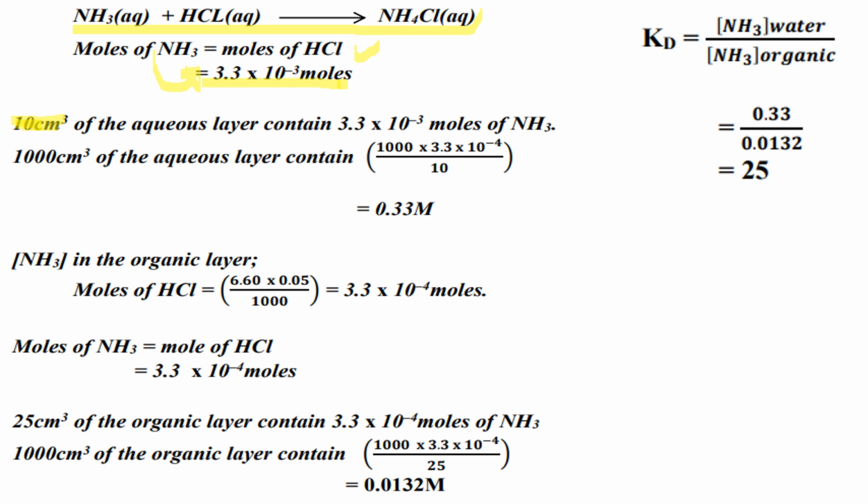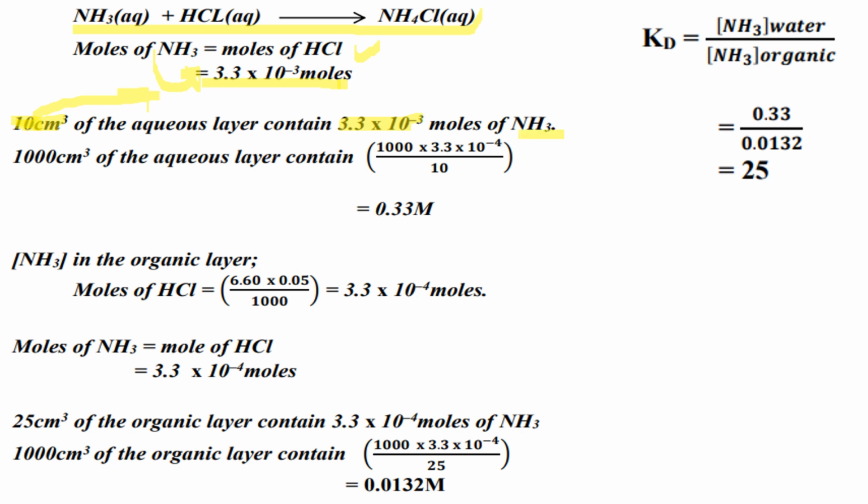That's why we said that these moles were contained in that volume that started the question. So 10 centimeters cubed of the aqueous layer contain 3.3 exponential negative 3 moles of ammonia.